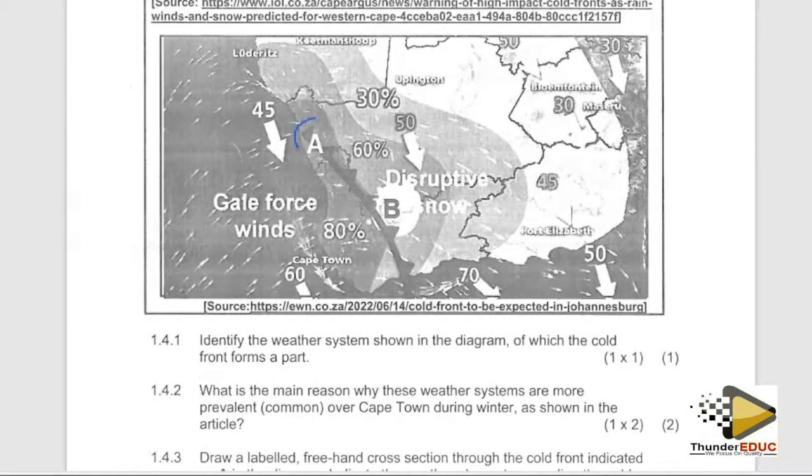You can see the cold front symbol here, and we know this is part of a mid-latitude cyclone, or could as well be referred to as a temperate depression or a frontal depression or extratropical cyclone, right?